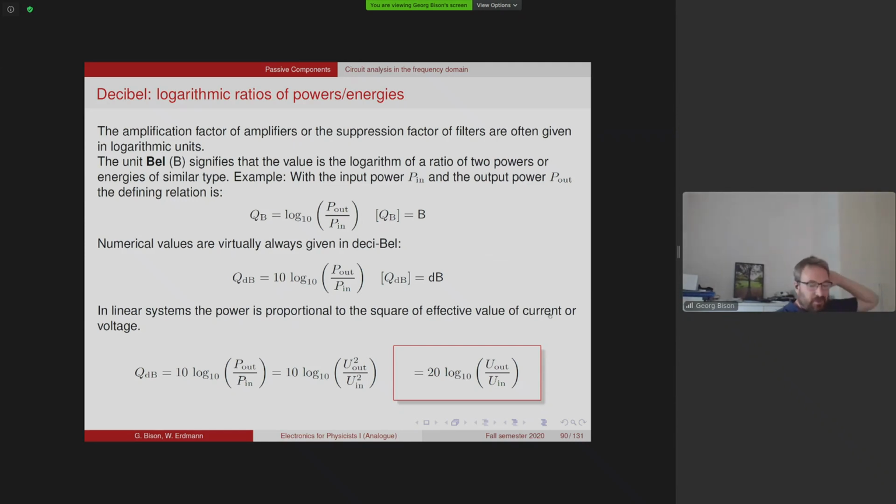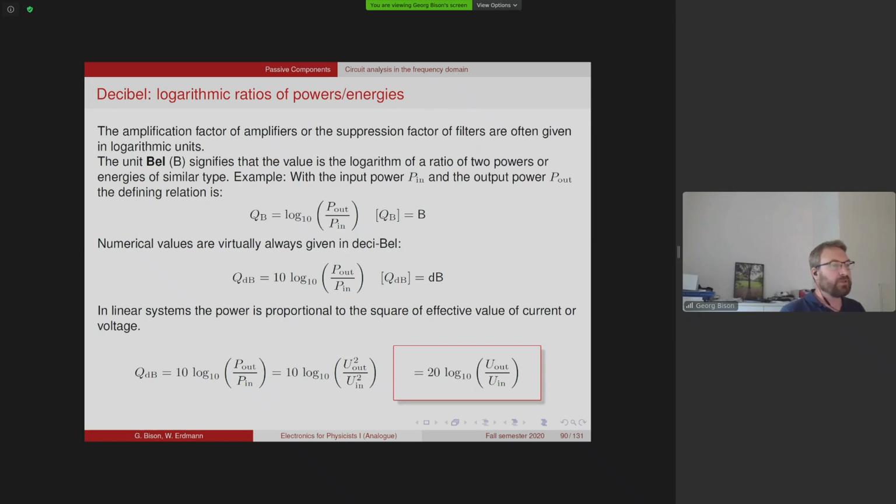Okay, in order to discuss the following subjects, I should introduce the decibel scale. Probably you've heard already about decibels, but I would like to introduce it formally. It's important to specify amplification or suppression factors in electrical circuits. The unit bel is used for a ratio of 2 powers or 2 energies, and they both have to be of similar type.